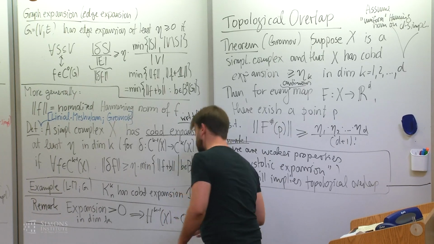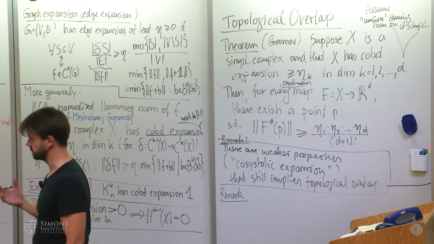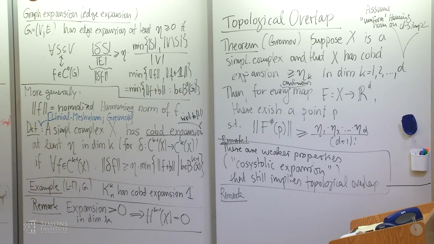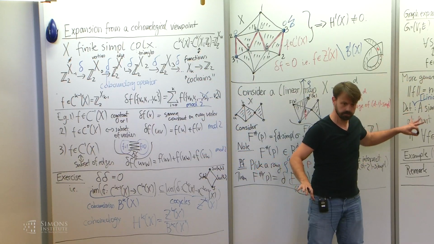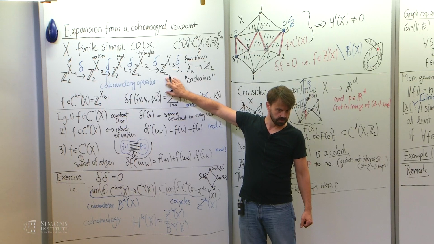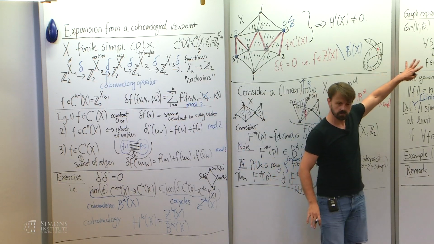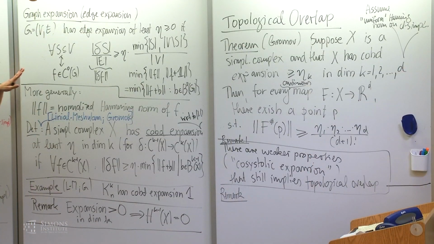Okay, we have seen some version of spectral expansion. There are different versions of spectral expansion that, for instance, capture real cohomology, where you essentially do everything the same, except that instead of working over Z2, you work over the reals. And instead of using the Hamming norm, you use an L2 norm or a weighted L2 norm on cochains.